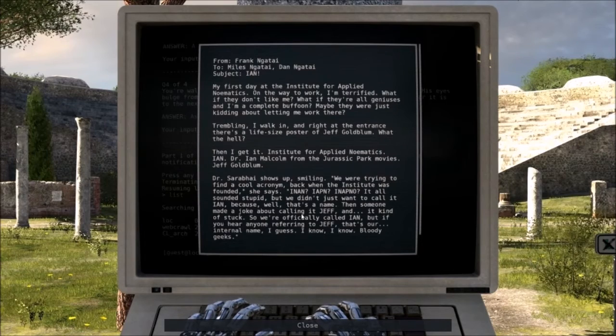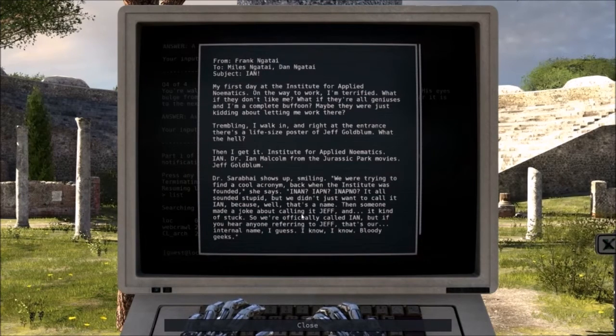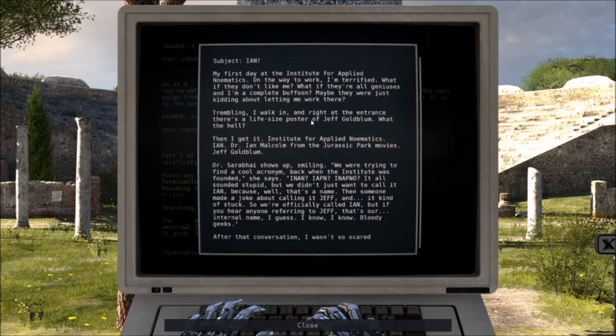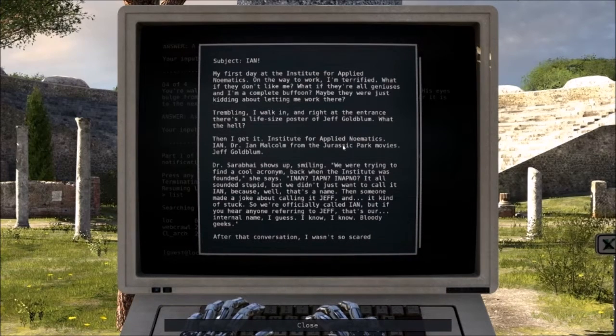Okay. My first day at the Institute for Applied Nomadics. On the way to work, I'm terrified. What if they don't like me? What if they're all geniuses and I'm a complete buffoon? Maybe they're just kidding about letting me work there. Trembling, I walk in, and right at the entrance there's a life-size poster of Jeff Goldblum. What the hell? Then I get it. Institute for Applied Nomadics. Ian. Dr. Ian Malcolm from the Jurassic Park movies. Jeff Goldblum.